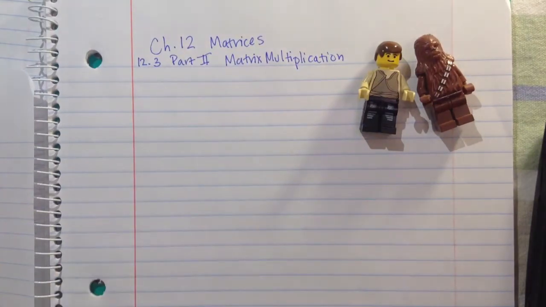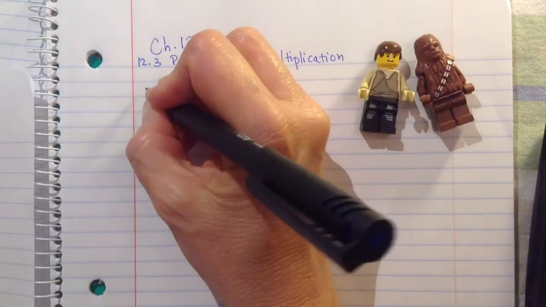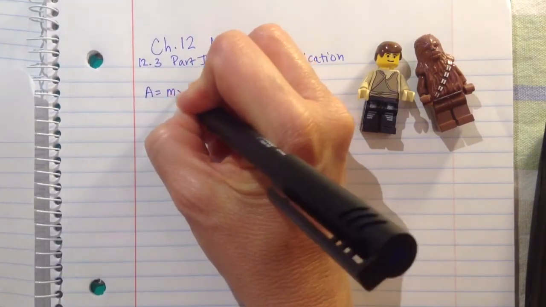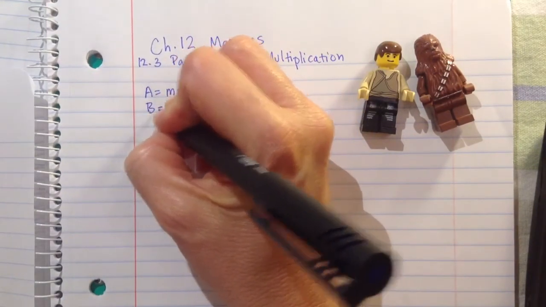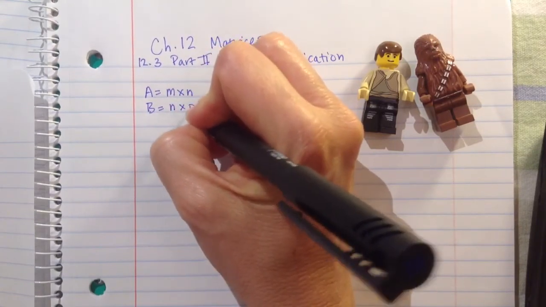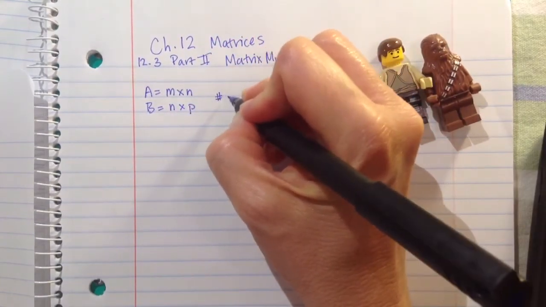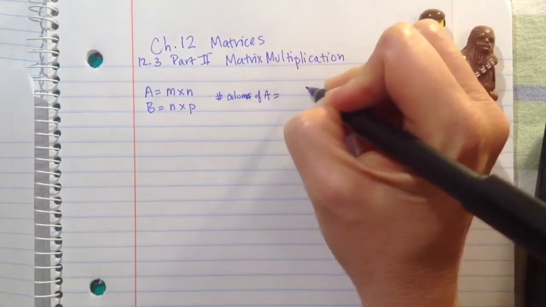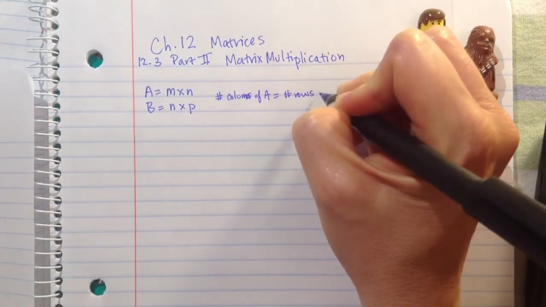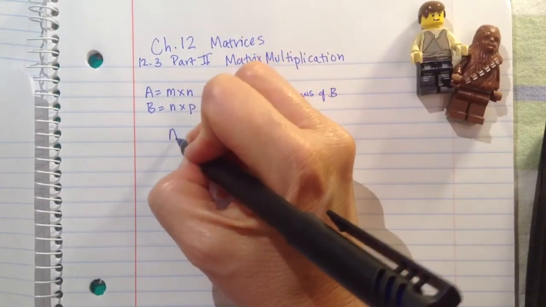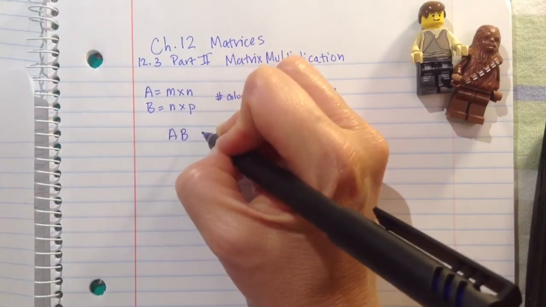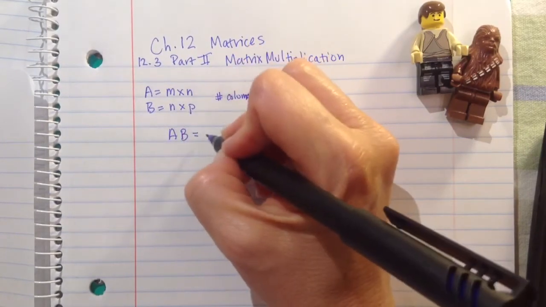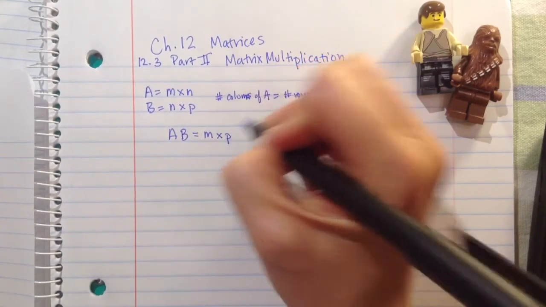Now, the first thing that you need to know about matrix multiplication, where we're multiplying two matrices together, not a scalar times a matrix, is that A is going to have to be an M times N matrix, and B is going to have to be an N times P matrix, so that the number of columns of A has to equal the number of rows of B if we want to do A times B. And that will give us a new matrix that will be M rows, P columns.